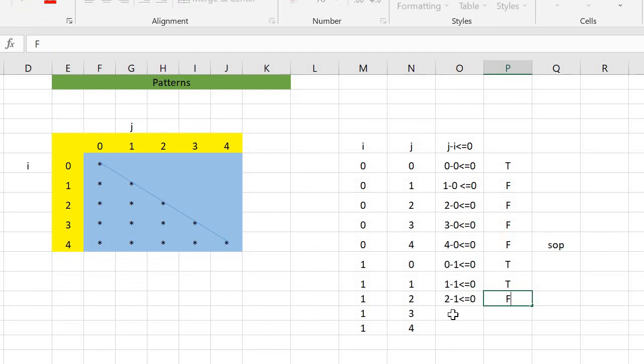Therefore, the condition is false, and it will print space over here. Again, 3 minus 1 is less or equal to 0. The condition is false. For more, 4 minus 1 is less or equal to 0. The condition is false. So every time the condition is false, the spaces will be printed, and every time the condition is true, the asterisks will be printed. Hope you guys have understood the concept for this pattern. Thank you very much.